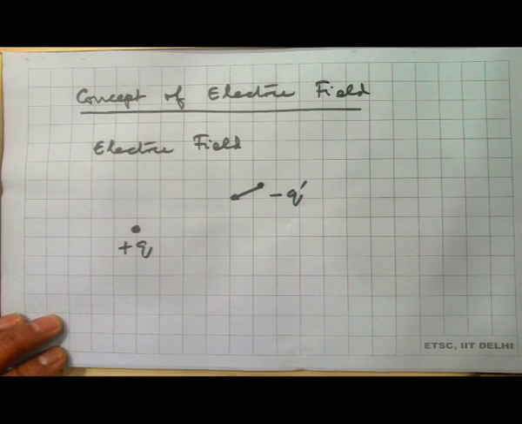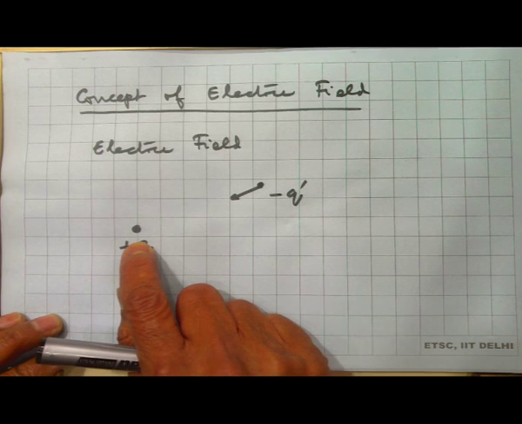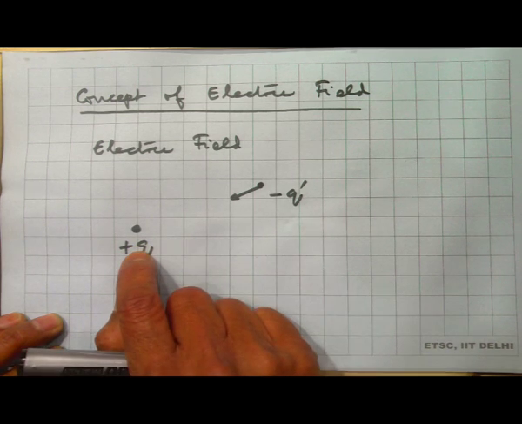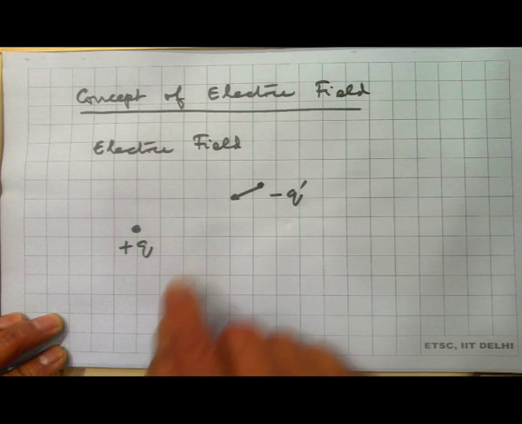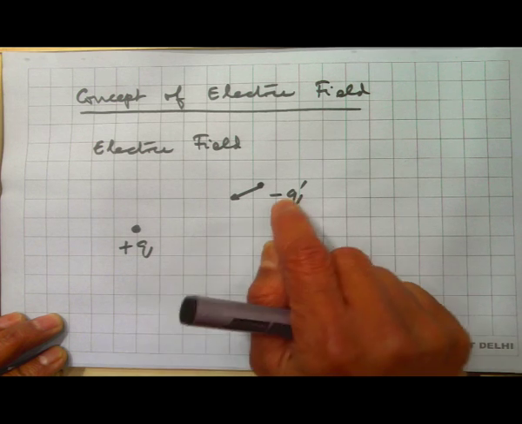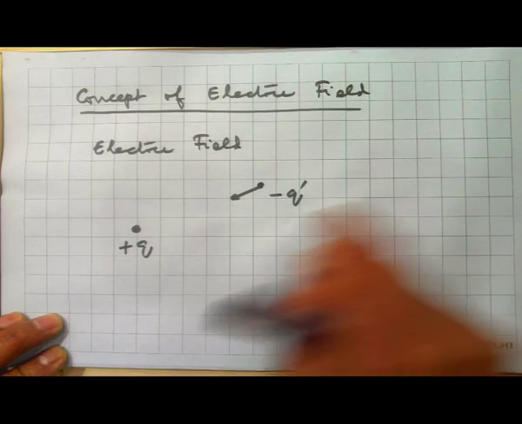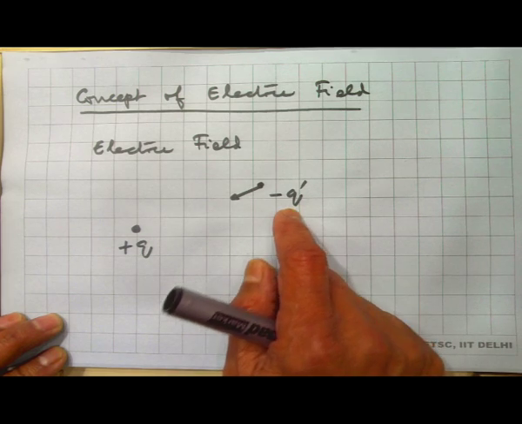Please remember that the charge plus q sets up its electric field, but that electric field cannot have any force on the charge itself. So, the electric field produced by plus q affects all other charges in the vicinity. Similarly, the electric field produced by minus q prime affects all other charges present in the vicinity, but not the charge itself. So, this you must remember.